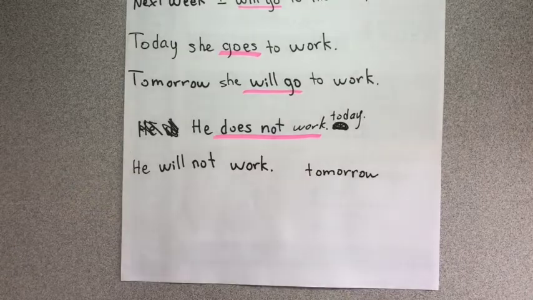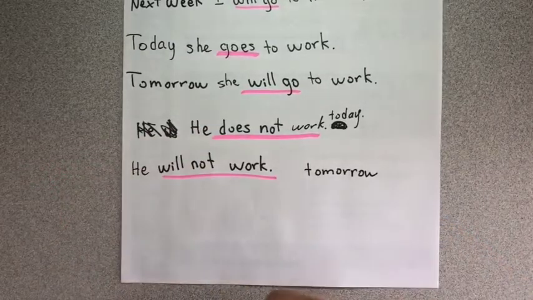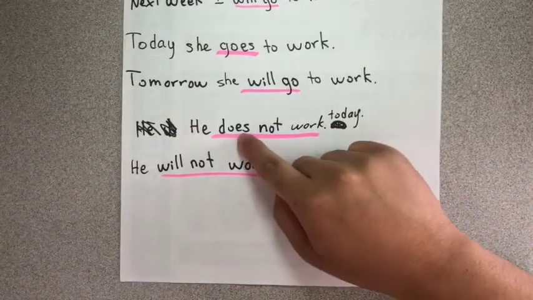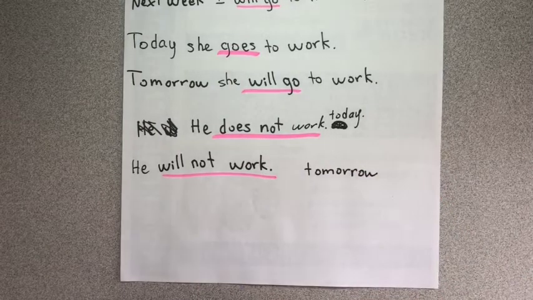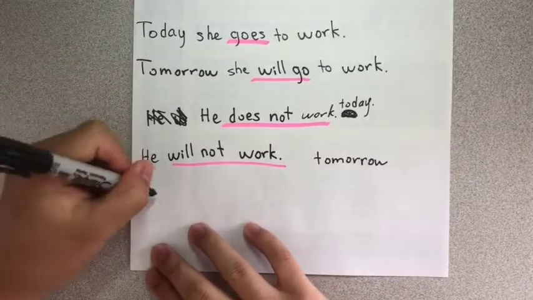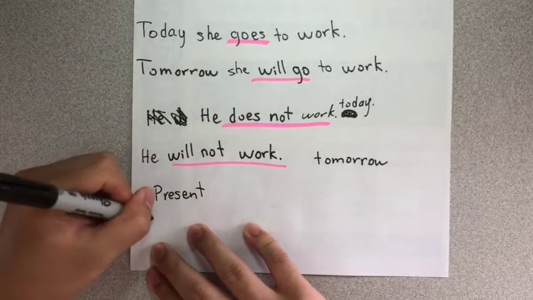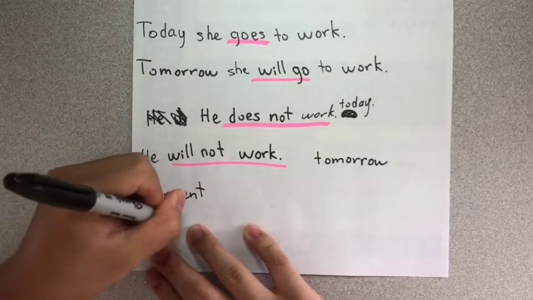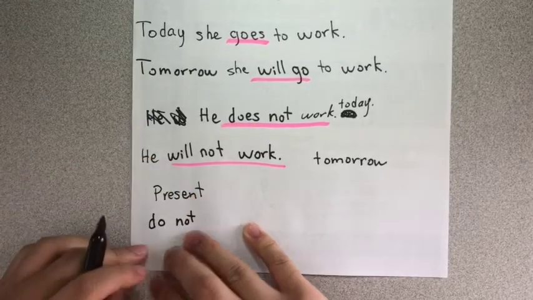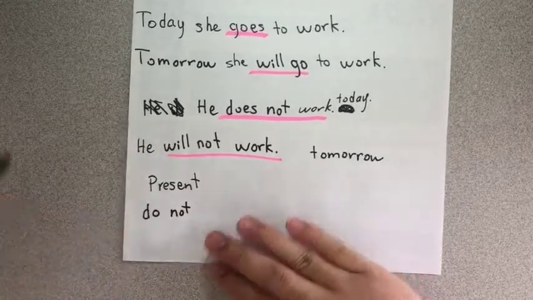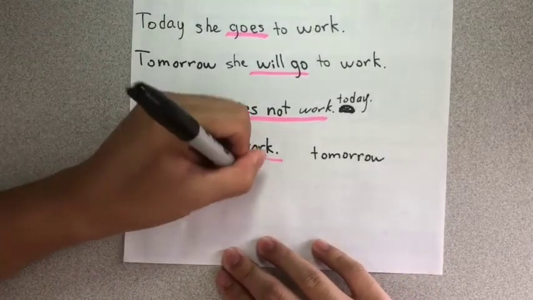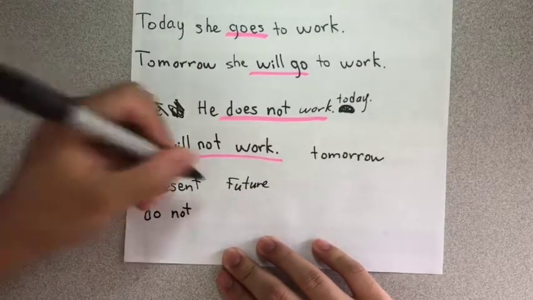So, what did we do here? We changed does not to will not. So in the present, we say do not. In the present, we say do not. In the future, we say will not.